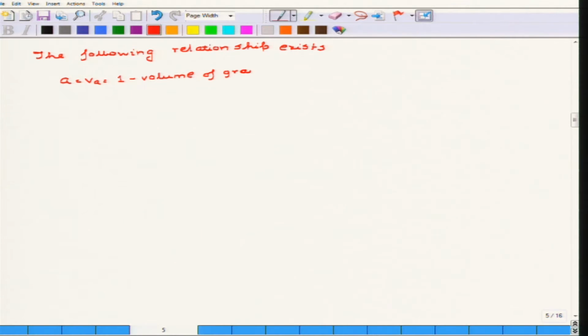Now, the following relationships exist. The volume of air can be written as 1 minus the volume of grains, meaning the volume of soil solids, minus the volume of water.